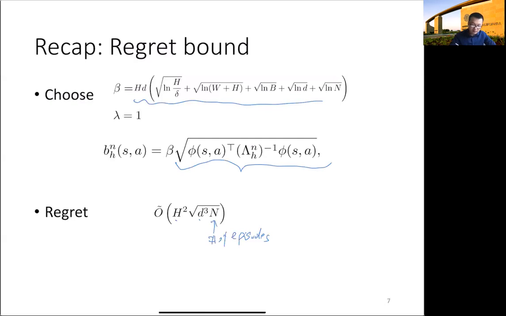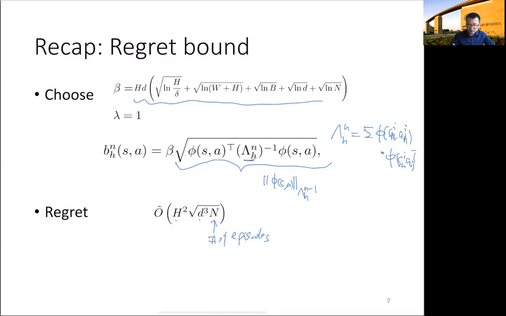This is the corresponding ellipsoid distance of the input feature at a given (s, a), measured by this quadratic form, and this Lambda is equal to the sum of phi(s_h^i, a_h^i) phi(s_h^i, a_h^i) transpose, right?